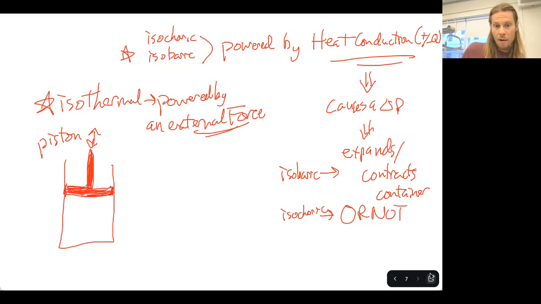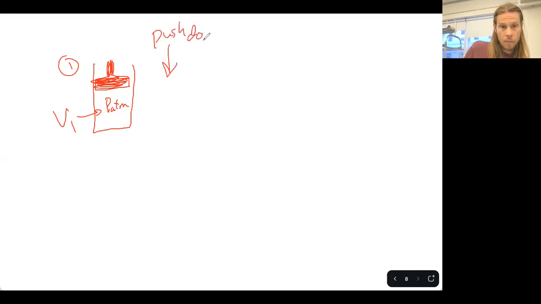If I push down on the piston, so here we go. Here's me trying to draw a piston in a container. It starts off at some initial volume, and it starts off at atmospheric pressure. And if I push down, then what happens? Well, the volume clearly gets smaller, right?